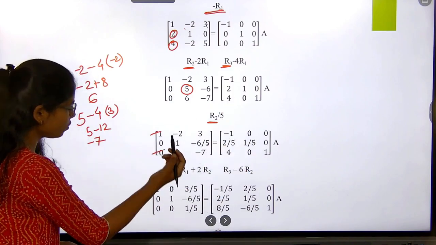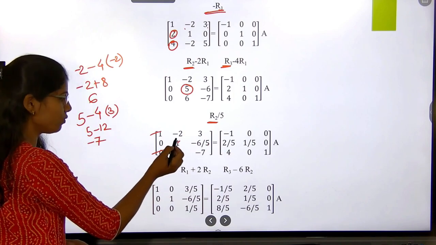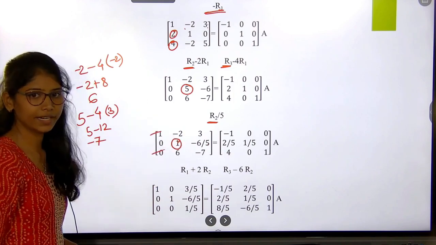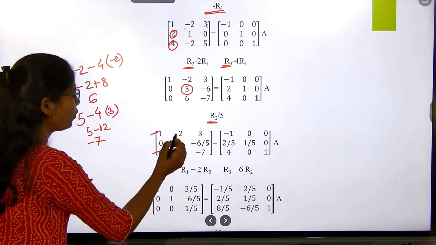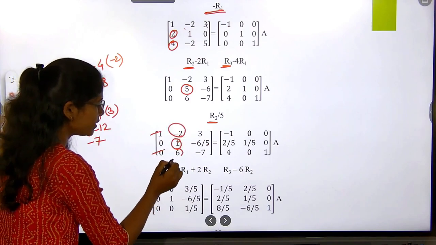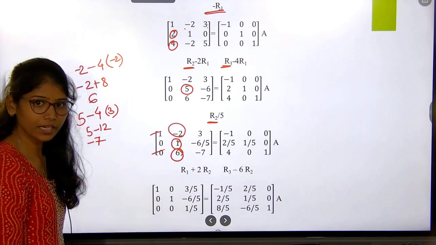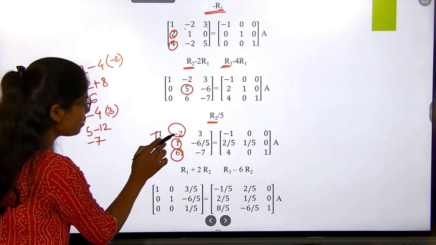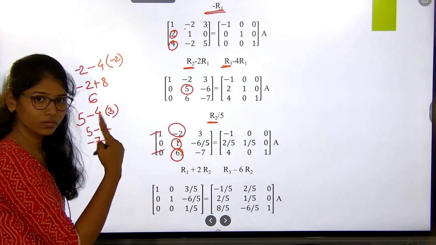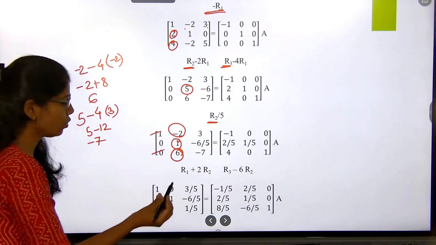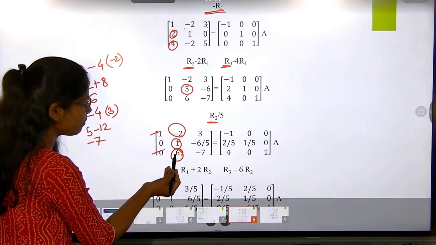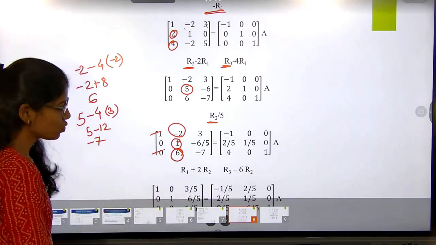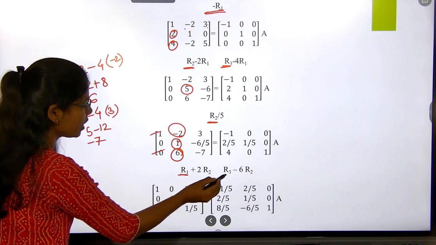Now look here, we have 1 as the leading element in R2. Now we have to make this minus 2 and 6 as 0. For that we use row operations: R1 has minus 2, so the opposite, plus 2 into R2, and R3 minus 6 R2. So we are making changes in R1 and R3.